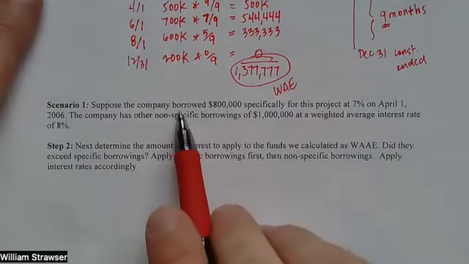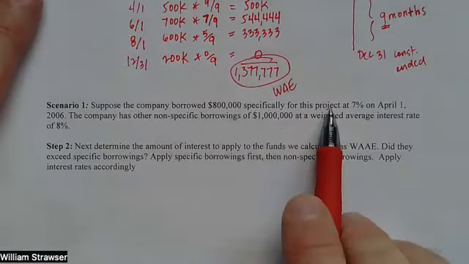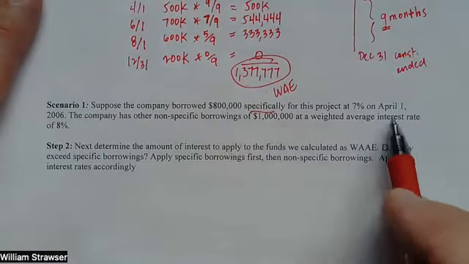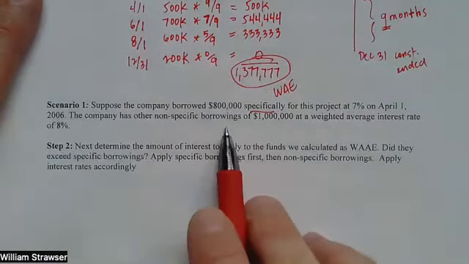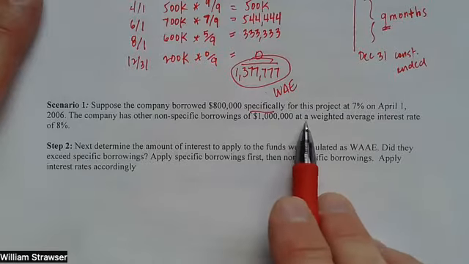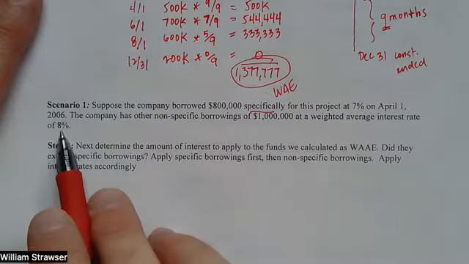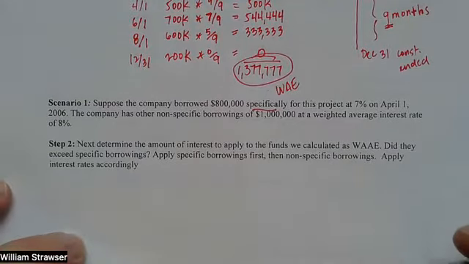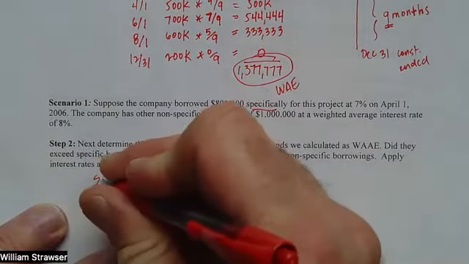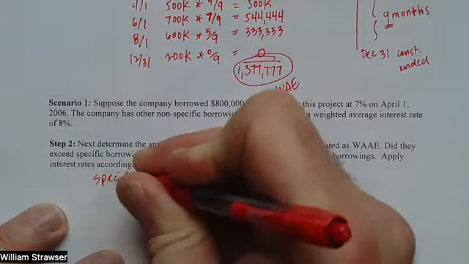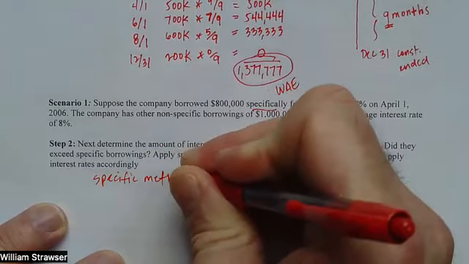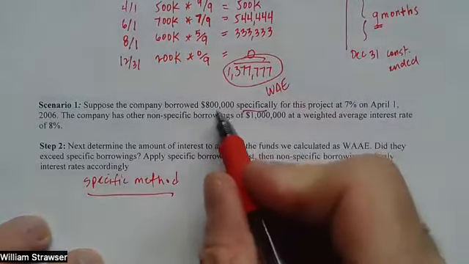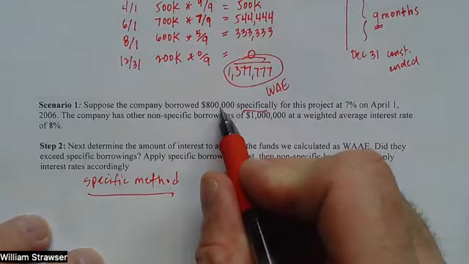It says, suppose the company borrowed 800 specifically for this project at 7% on April 1st. The company has other non-specific borrowings of $1 million at a weighted average interest rate of 8%. So if we're using the specific method, then we would apply the 800,000 first.